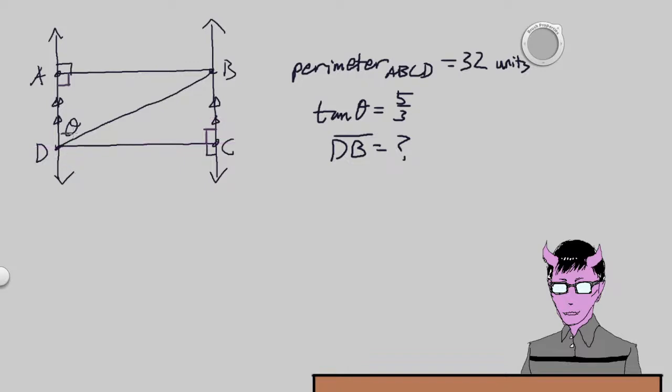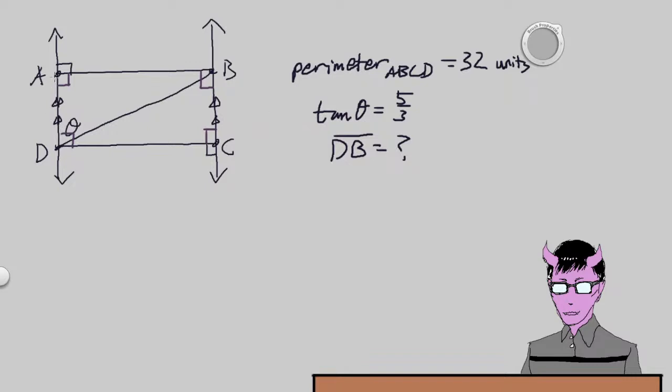Therefore, this is also 90. And by that same token, because this is a transversal crossing these two parallel lines, then since this is 90, then alternate here, this one here is also 90. So we have 4 90 degrees. That's enough to qualify this shape here as a rectangle.